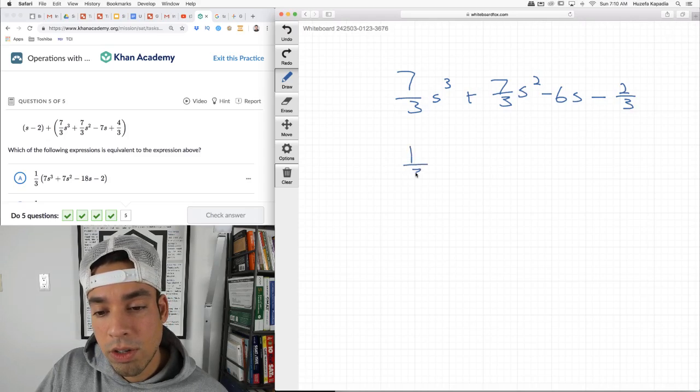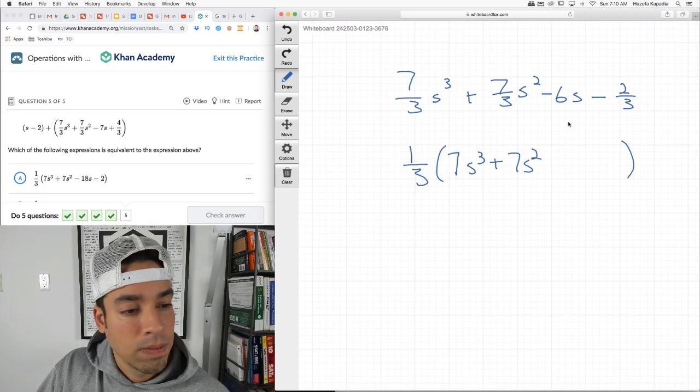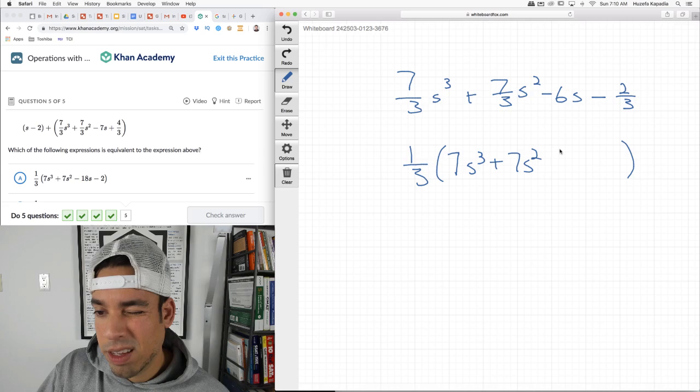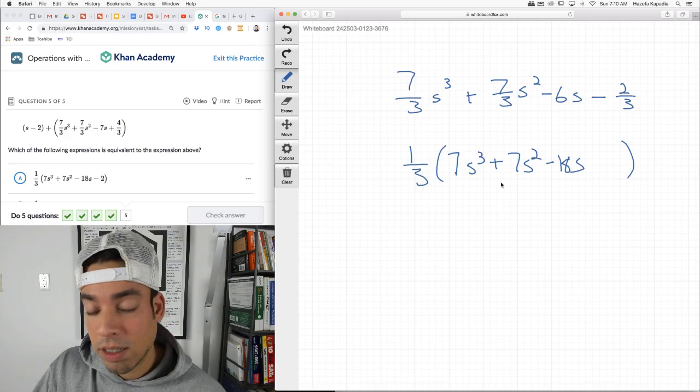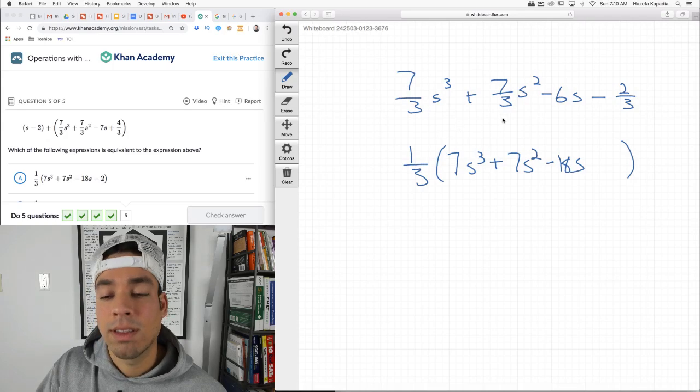So it's 1/3 times 7S cubed plus 7S squared. Factor out a third from that is 18. The reason why I know that's 18 is because I know that 1/3 of 18 brings us back to 6. So I'm just doing it in my head.